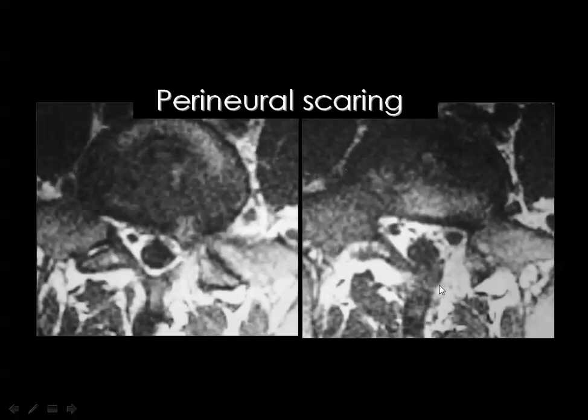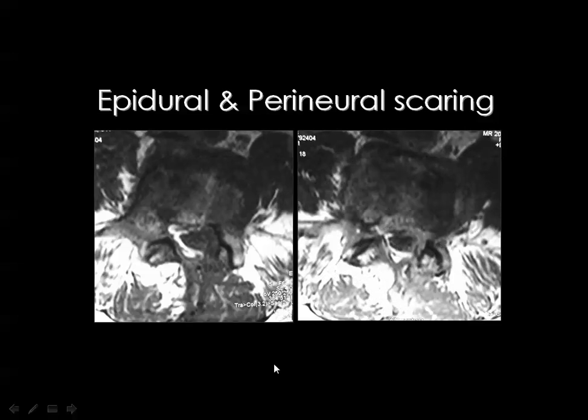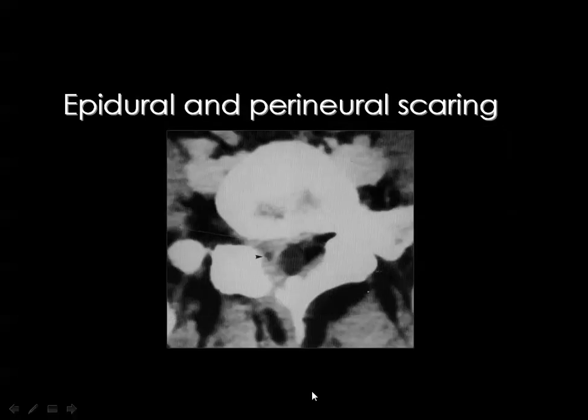It will be slightly swollen and may show some contrast enhancement. In this example, you see a shadow here on the left side. After injection of contrast, this shadow is enhanced, denoting that there is epidural scar, and if there is a nerve root here, there is also perineural scarring.